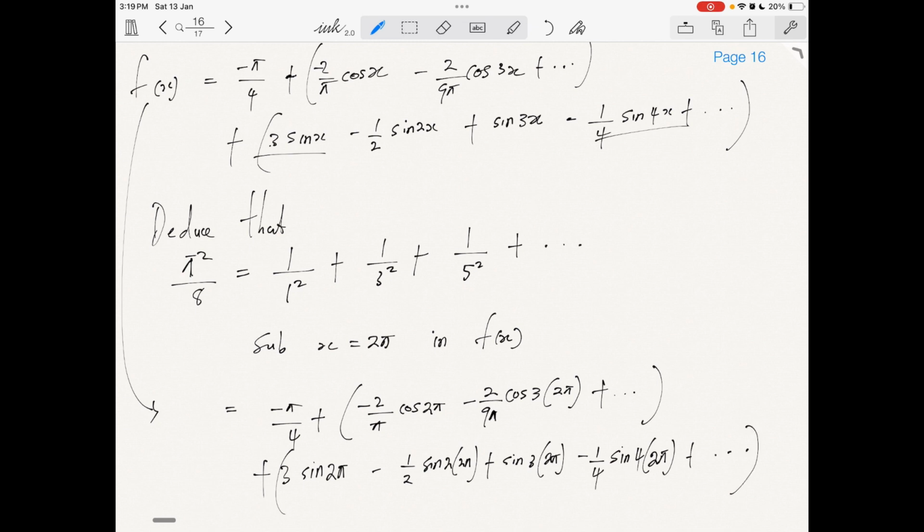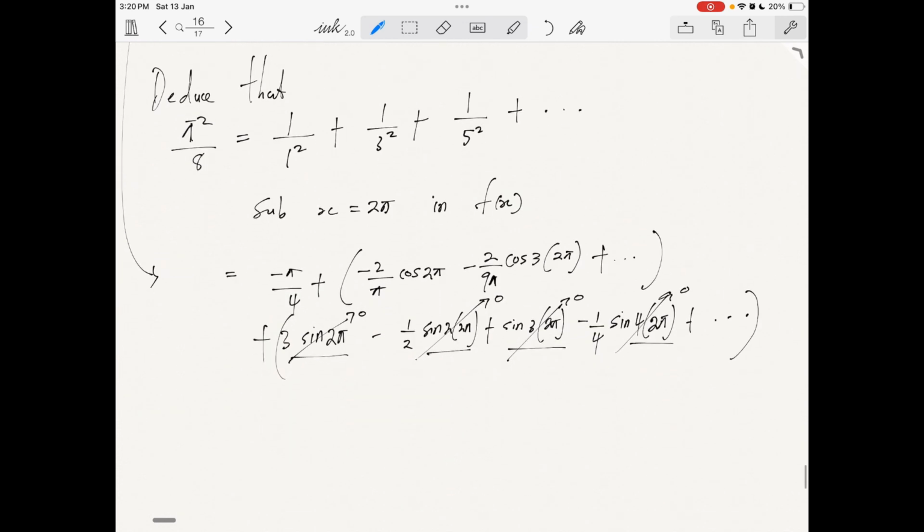Now we can see these 4 are multiples of sine 2 pi, and we know that sine 2 pi is 0, so this will give 0, 0, 0 and 0. So in essence, we have minus pi over 4, and cos 2 pi is 1.